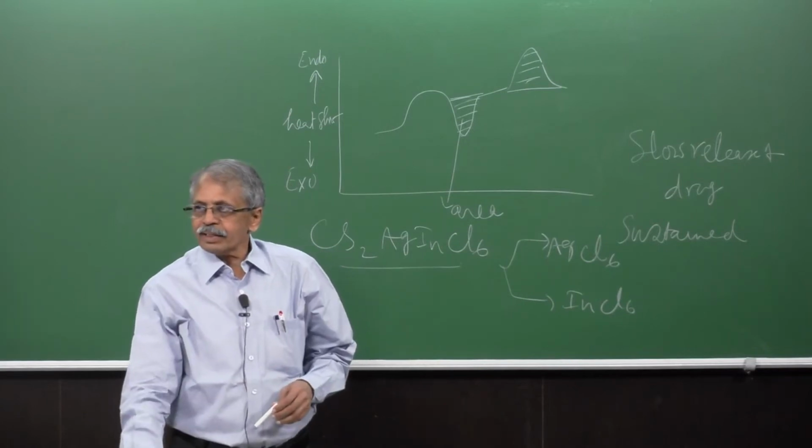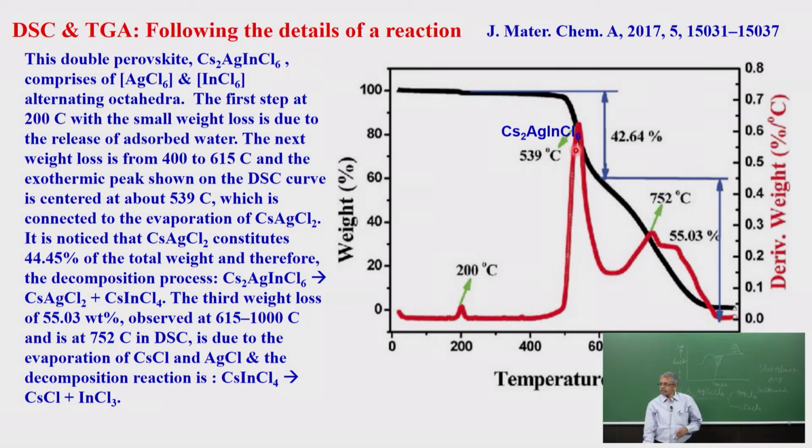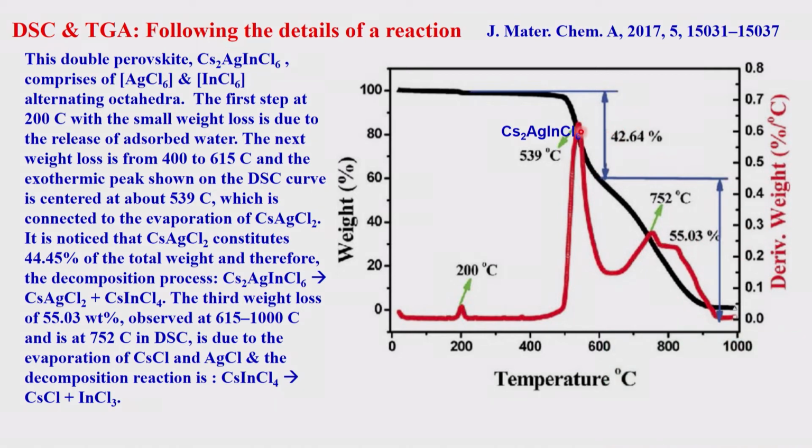If you look at the TGA of this, you can see there is a very small weight loss here, and then a weight loss of course considerable, about 42.6, and another weight loss here which is around 55. So, 55, 43, you can see almost the total thing.